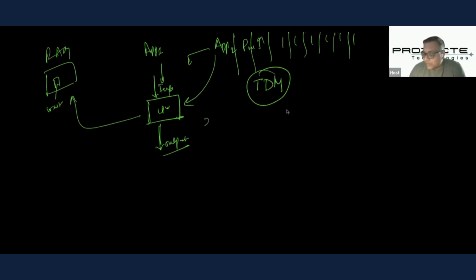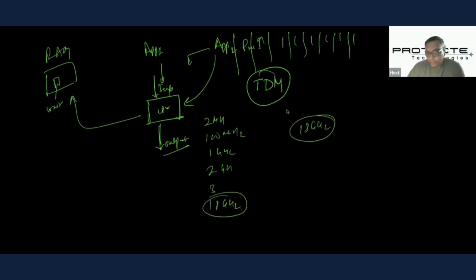That was given as 2 megahertz. Then it became 100 megahertz, then 1 gigahertz, now 2 gigahertz, then 3 gigahertz. Now we have reached up to 18 gigahertz. That means the CPU is capable of processing this information at a frequency of 18 gigahertz.